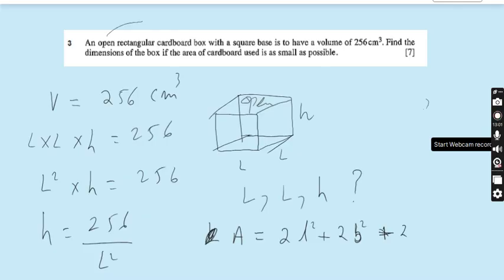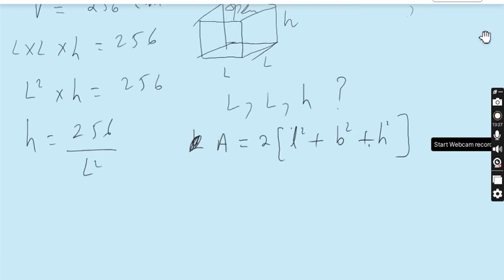Two multiplied by length square plus breadth square plus height square. This is the formula of the rectangular box or cuboid. But see this.